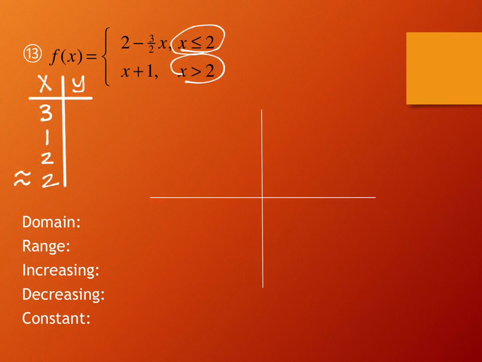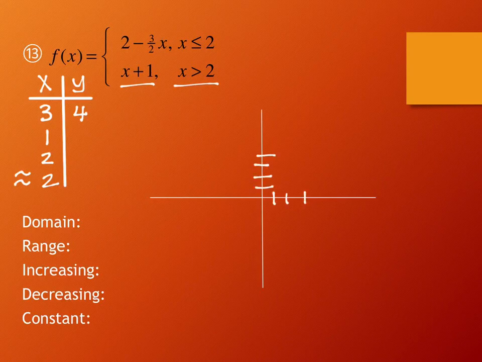So, if I pick the value of 3, am I in the top equation or in the bottom equation? The bottom. If I pick 3, 3 is bigger than 2, so I'm here. 3 plus 1 is 4. So I have a point at 3, 4. If I pick the value of 1, I'm in the top equation. If I put 1 in here, I actually get 0.5.